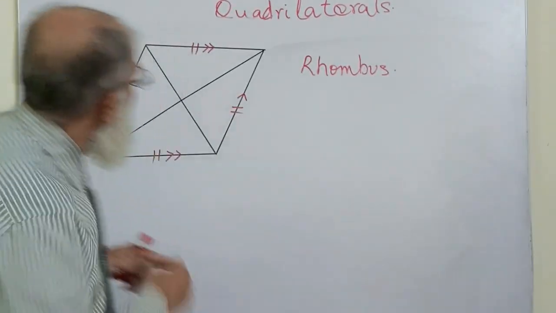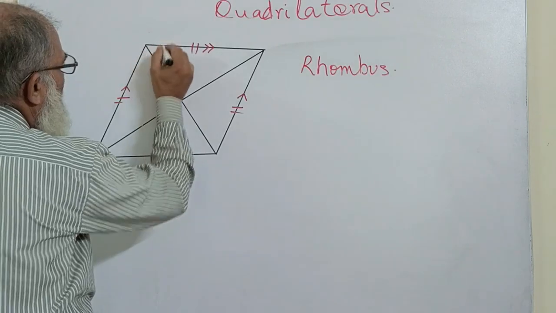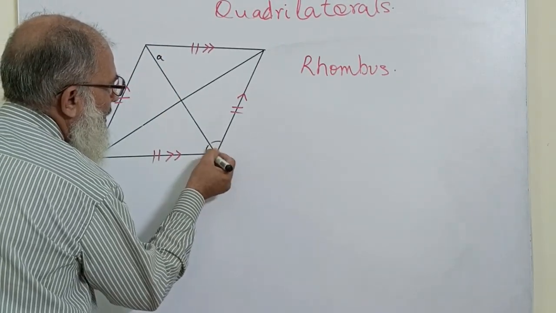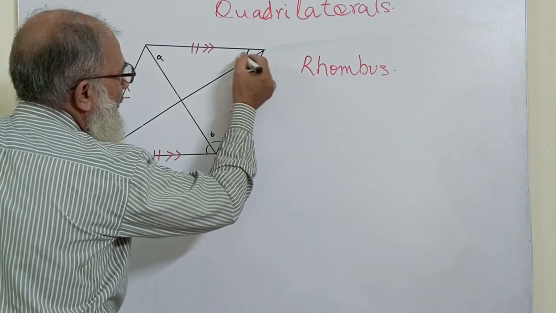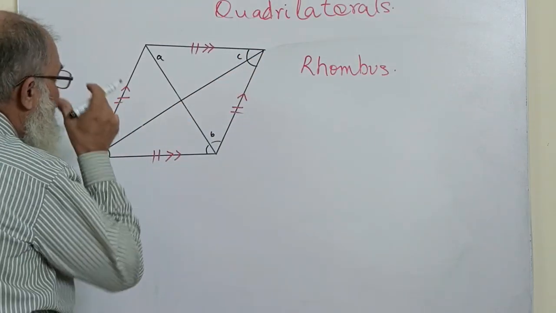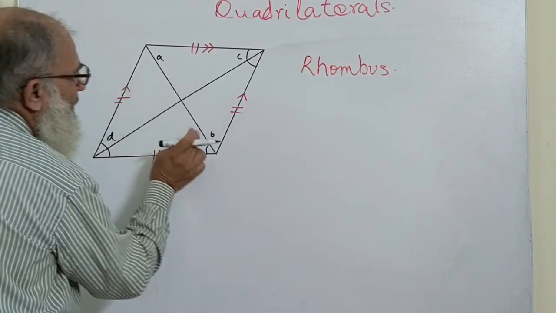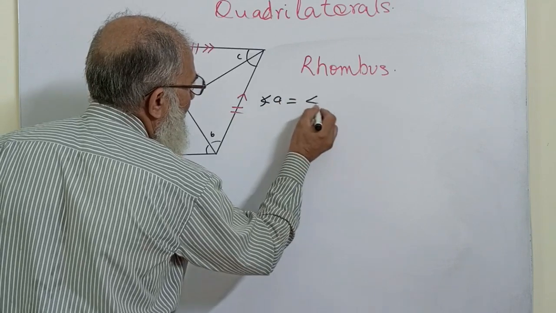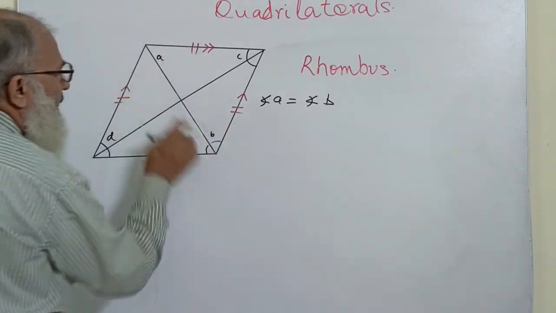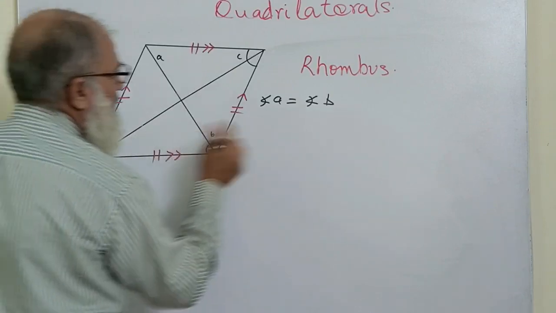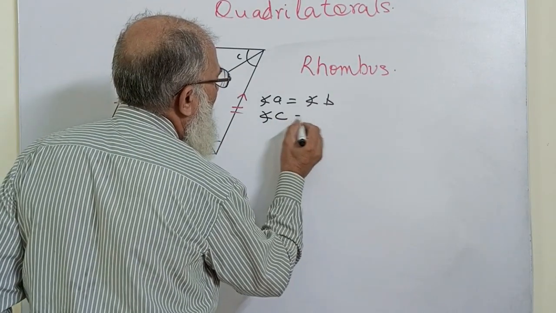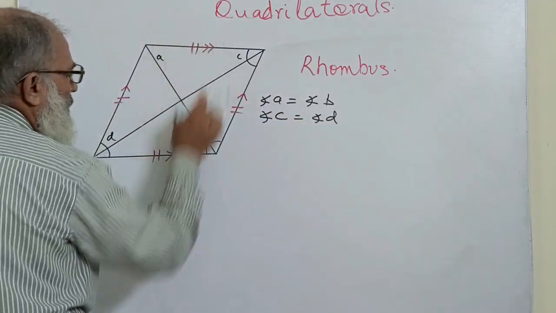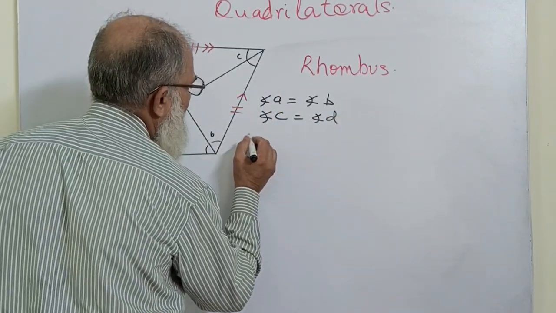Let me say it like this. If this is A, the whole angle is A. This is angle B. This whole angle is C. This whole angle is D. Then angle A is equal to angle B, and angle C is equal to angle D. All the sides are equal.